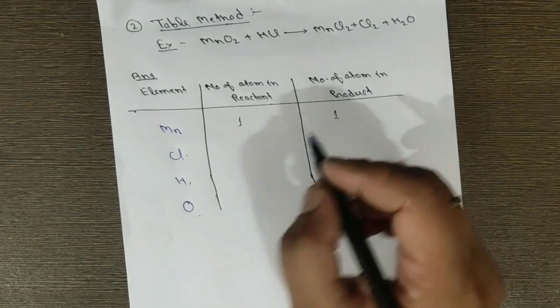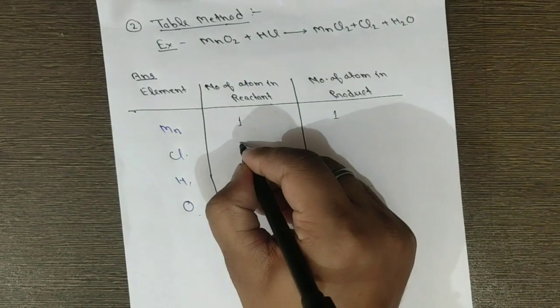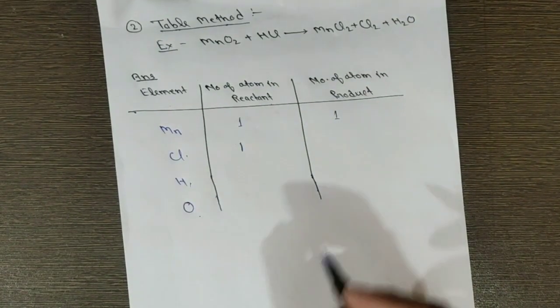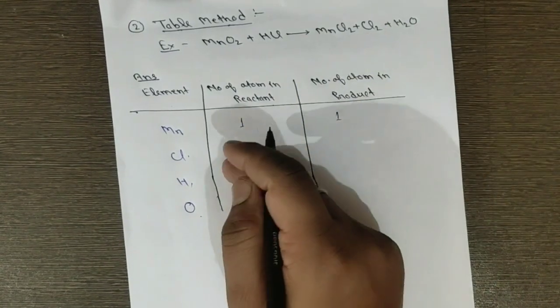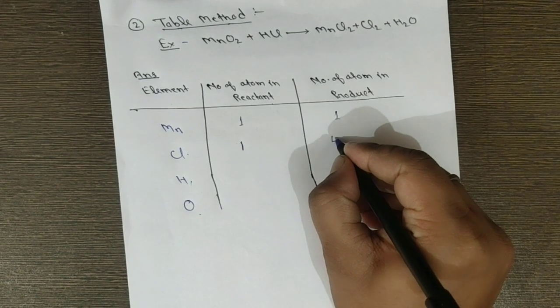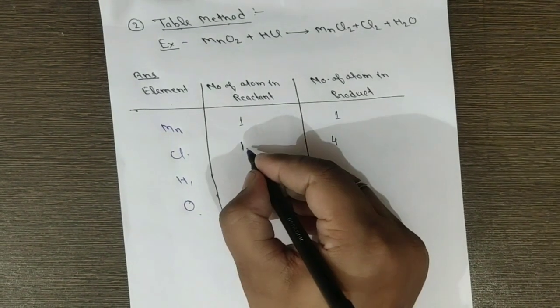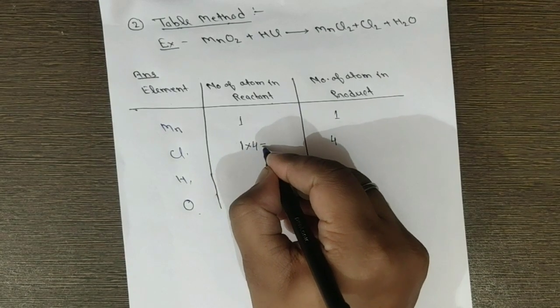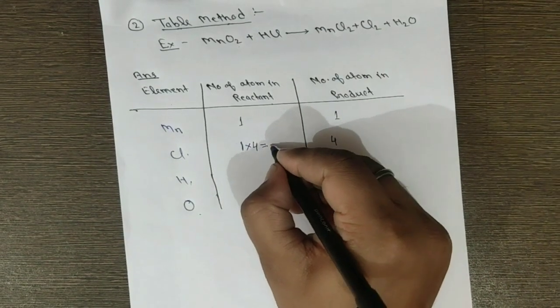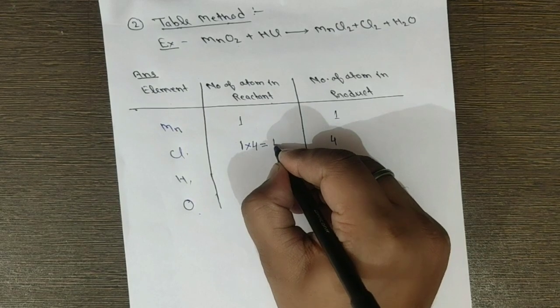Then we check the Cl. In the reactant Cl is 1 and in the product Cl is 4. Then we multiply HCl by 4.